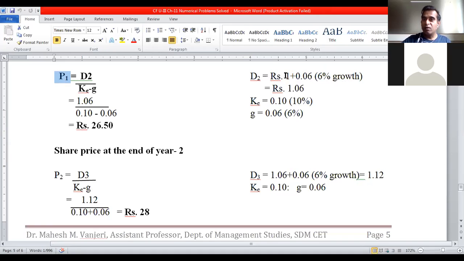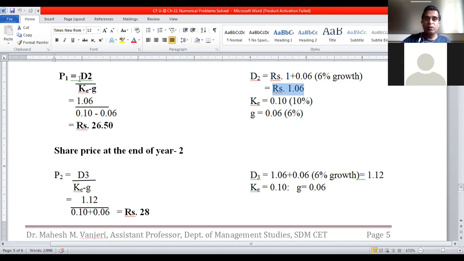So at the end of 1 year, the expected dividend is 1 rupee. And at the end of the second year, this dividend will grow at the rate of 6%. So we have to add 6% of 1 rupee, which is 0.06 paise. So the dividend expected at the end of the second year is 1.06 rupees.